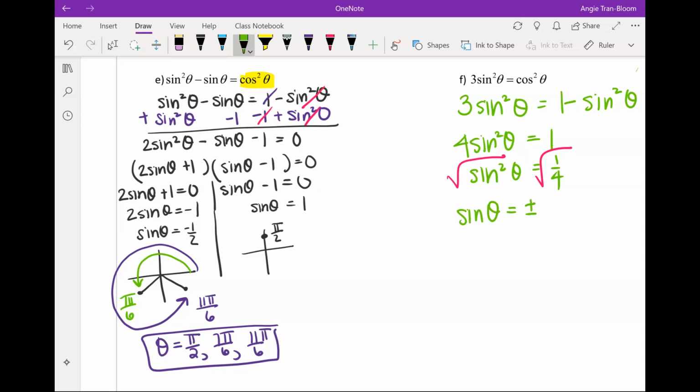Plus and minus, square root of 1 is? 1, square root of 4 is? 2. So either way, factor or non-factor, you will always get the same exact answer. Okay? So that's pi over 6 here, 5 pi over 6 here, 7 pi over 6 here, and then the last one is? Yeah, so I'll just write that in order.